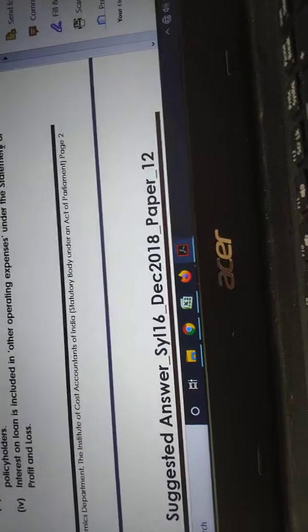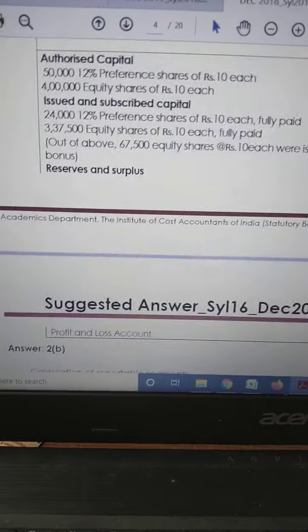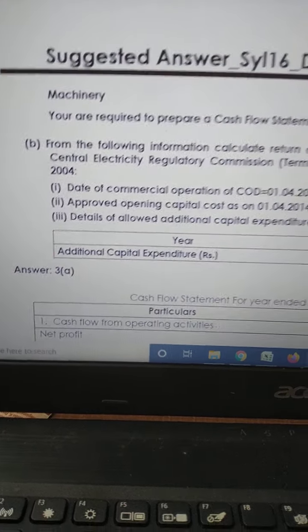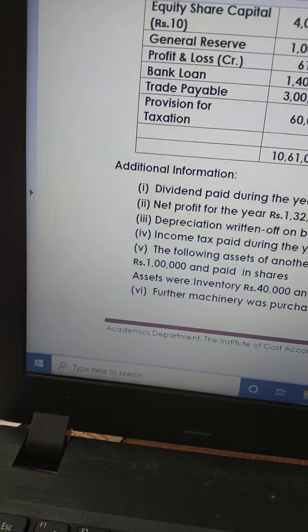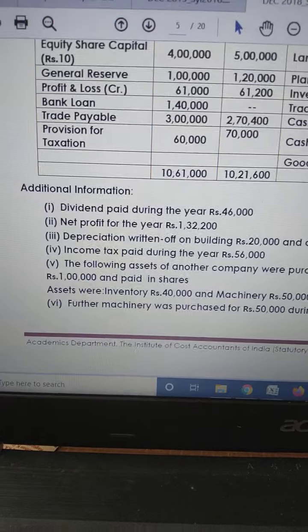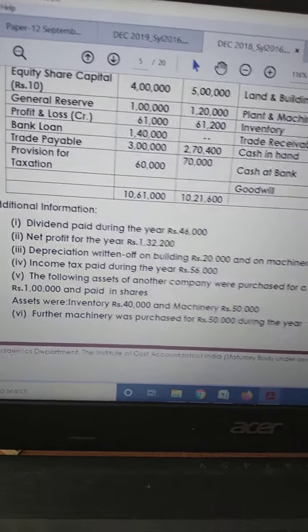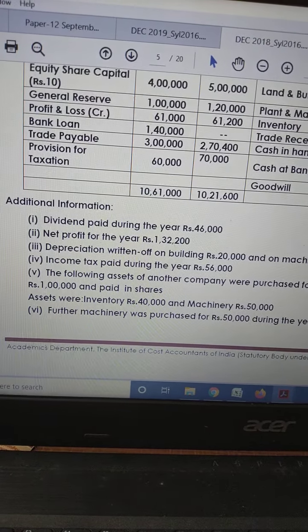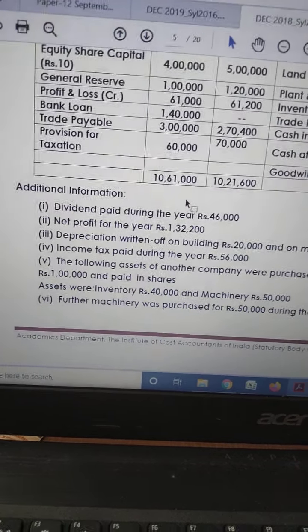Question number 3A. I also gave the link below for the December 2018 suggested answer. Please click the link, a PDF will open. Just go through the question.